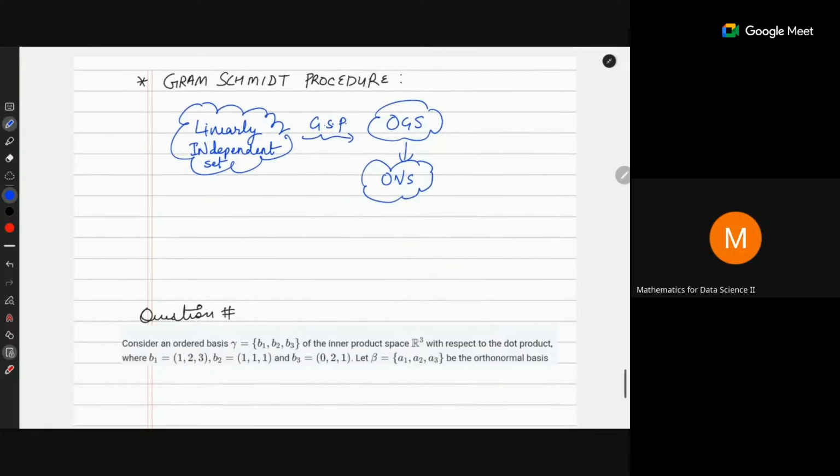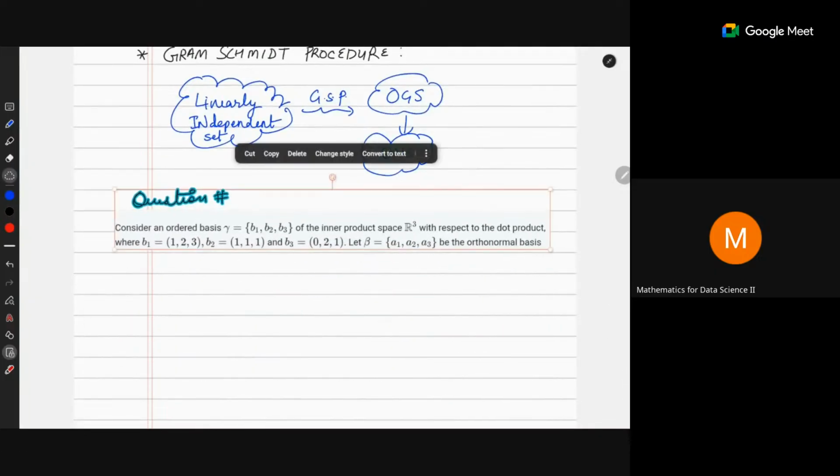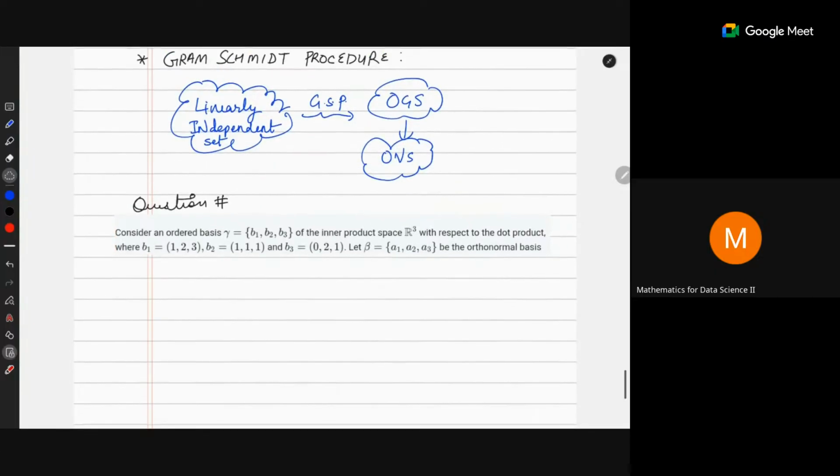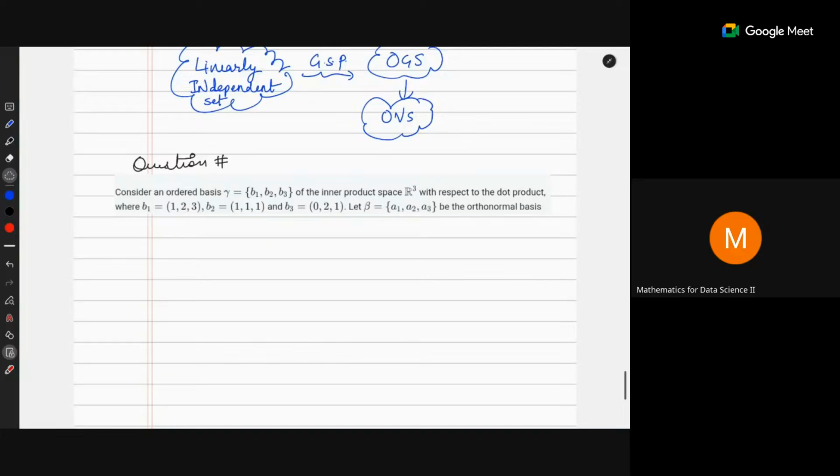And now let's see how we define it. Let's take this example and try to convert it using the Gram-Schmidt process. We are given an ordered basis B1, B2, B3 of the inner product space R3 with the dot product.